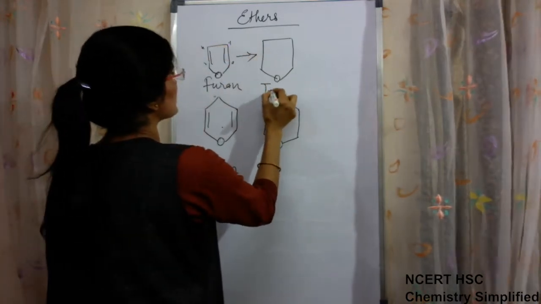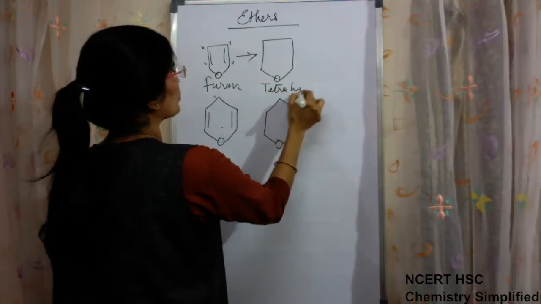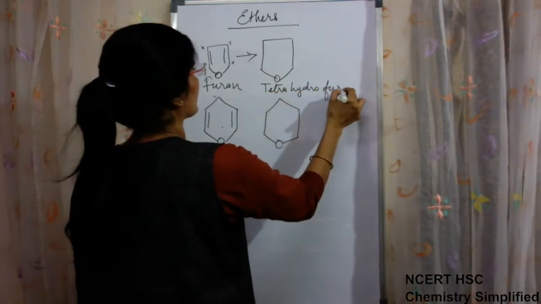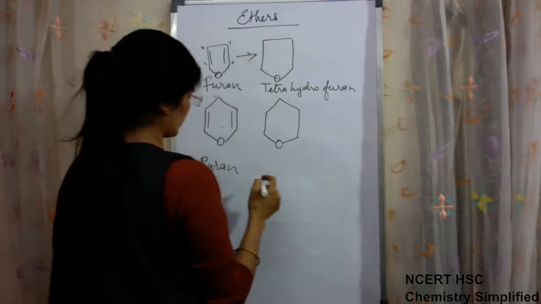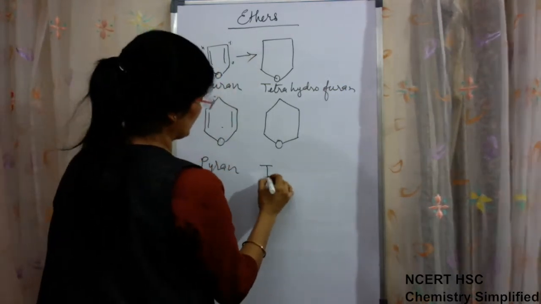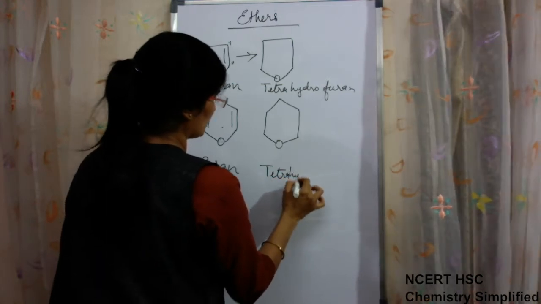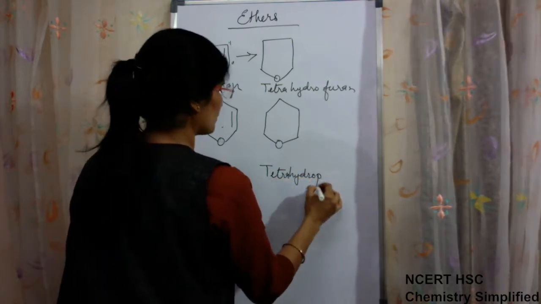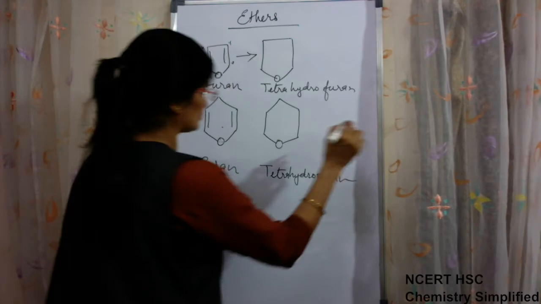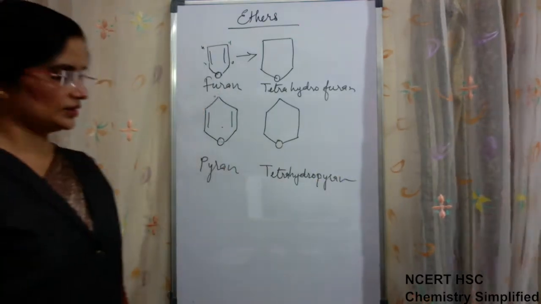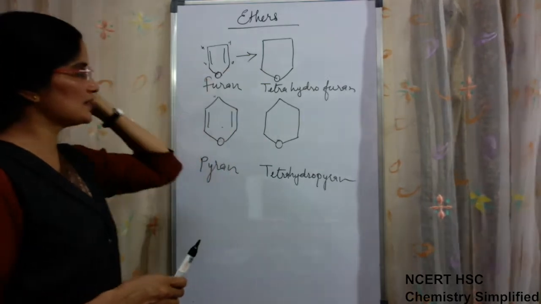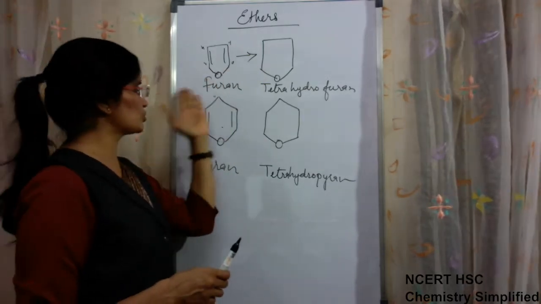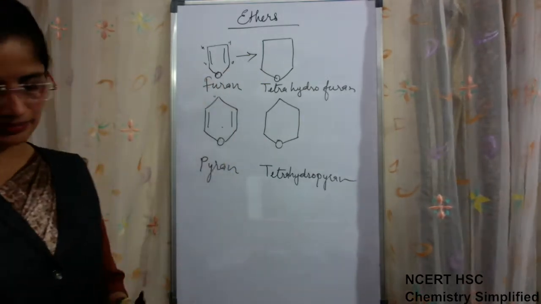So it is tetrahydrofuran, because we have added 4 hydrogens, 1, 2, 3, 4. Here it will be tetrahydropyran. Clear? These will come in the coming chapters. That is why we should know at least these two, furan and pyran.